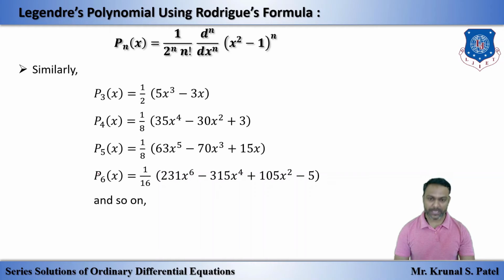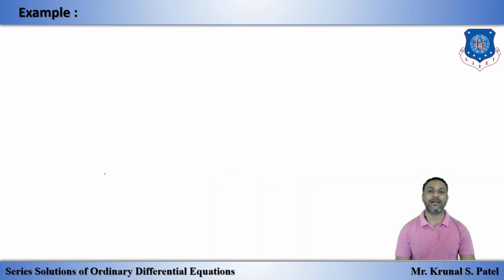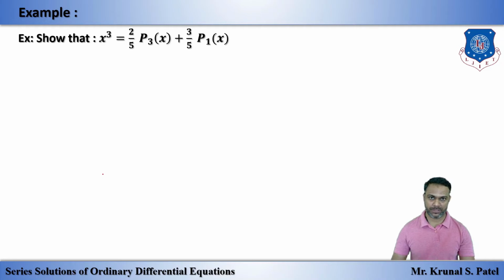Okay, now we have this example by using those Legendre polynomials. So x cube is equal to 2 by 5 P3 of x plus 3 by 5 P1 of x. We know the value of this and this. So we'll start with the right hand side.